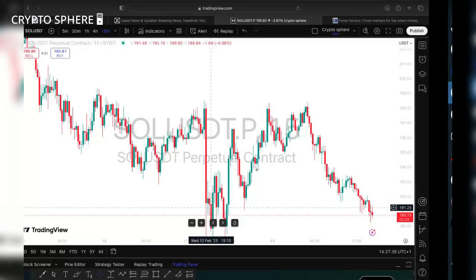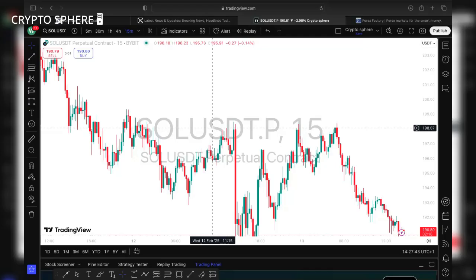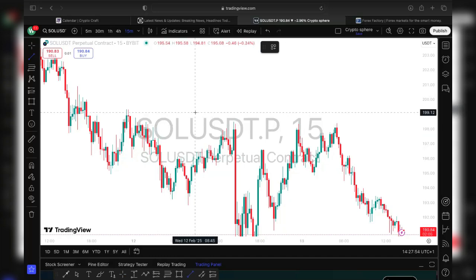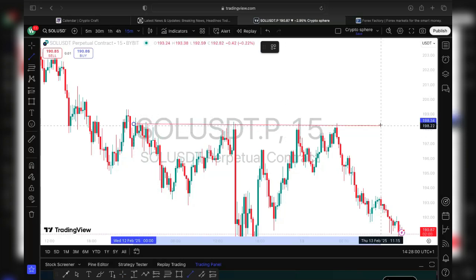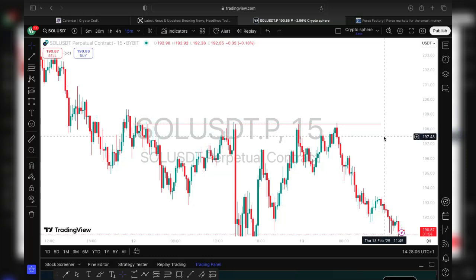Now, seeing this, it's kind of obvious to me that I have a resistance level over here. I'm using the 15 minutes time frame on Solana. It's very obvious that we have a lot of touches over here.